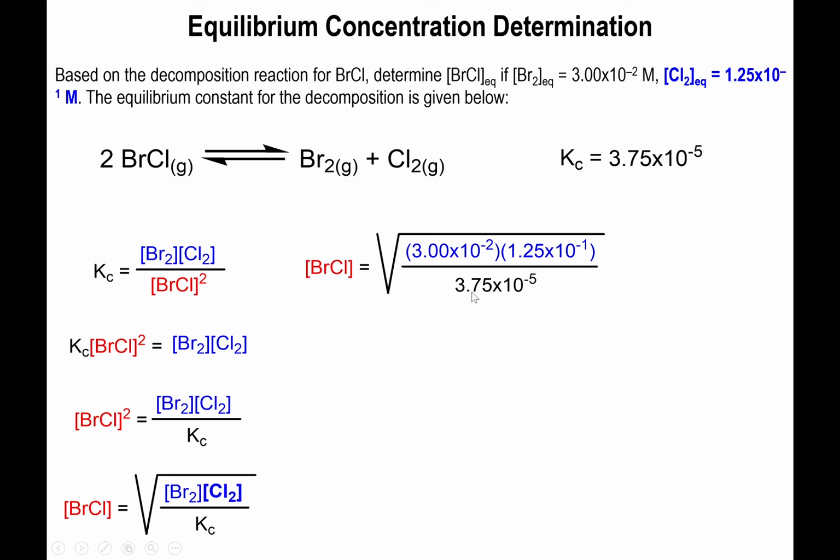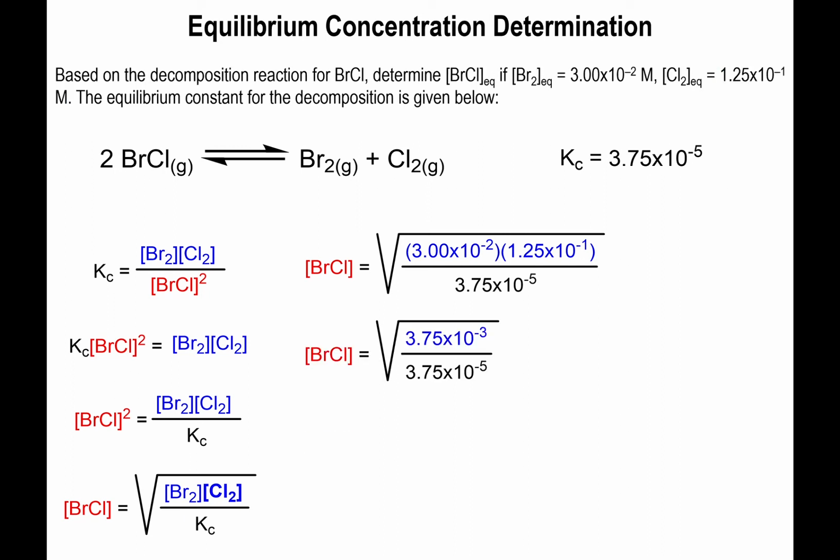Press enter. Divide by, in parentheses, 3.75 times 10 to the negative 5 and press enter. And that answer, what you want to do is take the square root. So write square root, answer, press enter, and you should find out that ultimately the BrCl equilibrium concentration has to be 10 molar, which is actually pretty high, all things considered.